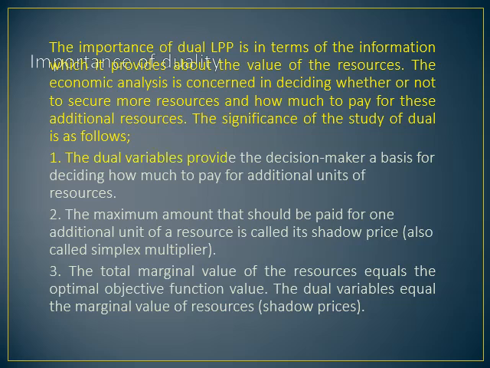Number 2, the maximum amount that should be paid for one additional unit of a resource is the shadow price, also called simplex multiplier.